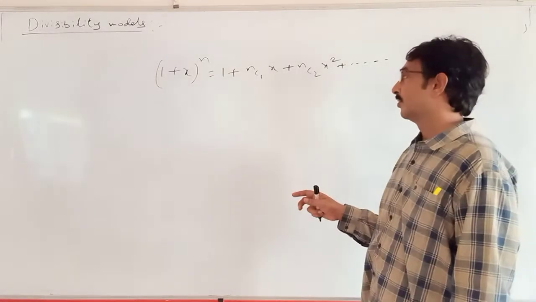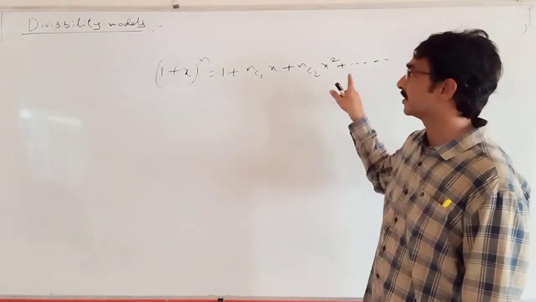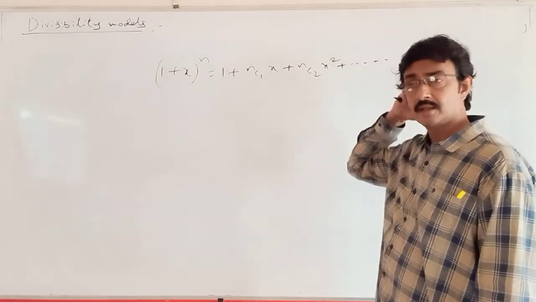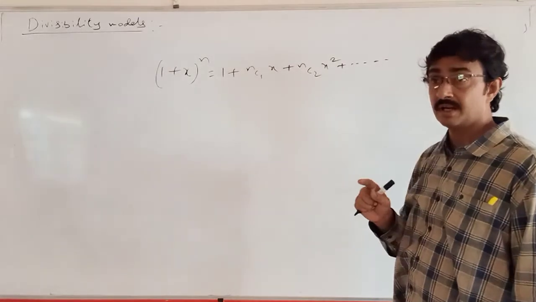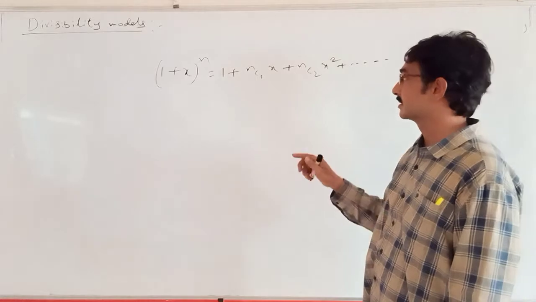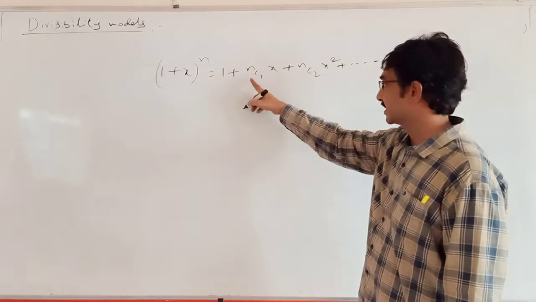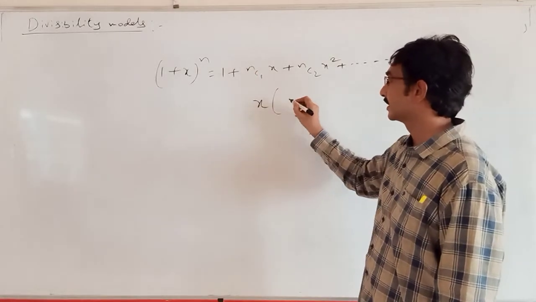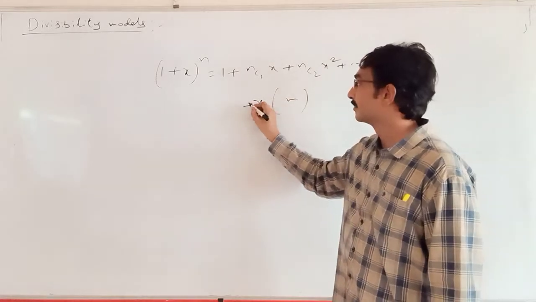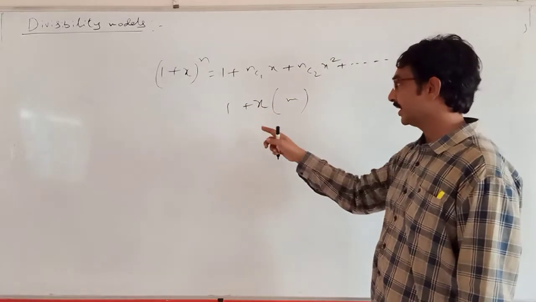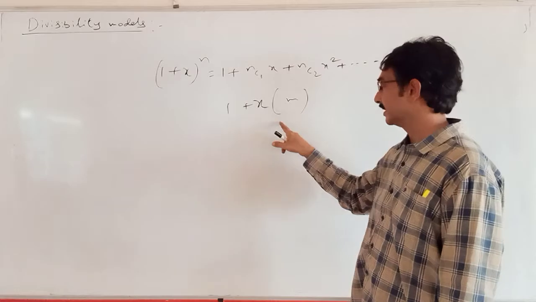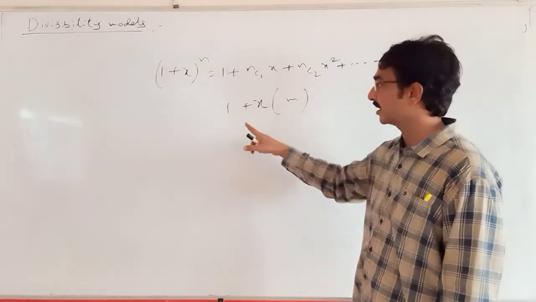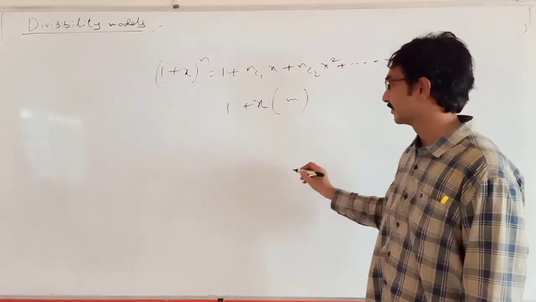Now clearly, what is the remainder of this when divided by x? From the second term onwards we can take x common, giving x into some integer plus 1. Now if we divide this with x, the remainder part is 0, and the remainder is 1.